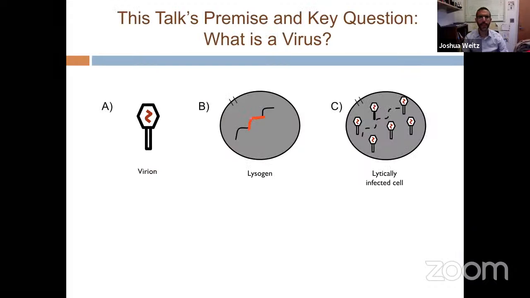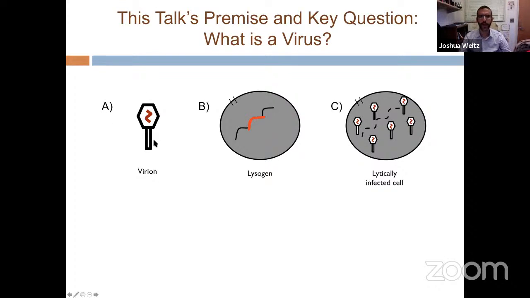Okay. So this talk's premise, and really the lecture here and a large body of work that we're trying to work on, starts with what seems to be a simple question: what is a virus? And when you think about a virus, I already gave some examples yesterday, you often think about the charismatic version. Again, if I had said SARS-CoV-2, you would imagine this particular corona-like virus particle.